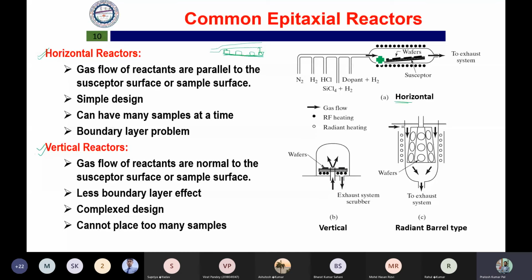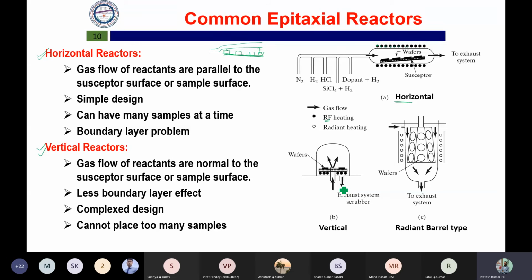It was flowing horizontally before, here the gas will be flowing vertically. In this reactor, heaters are also used to heat the environment. This could be an electric heater, or we can have an RF heater that we have seen in the growth method also. A similar structure is there, so the heater will be here, and the gas will be flowing vertically to the surface and exhausting out. So this is your vertical type of reactor.